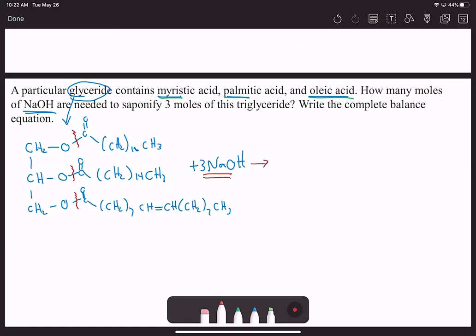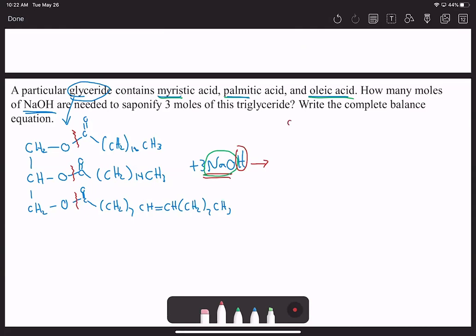So let's see what we're going to get here. We're going to break it off here. So this is how we're going to split it off. We're going to split it off in that OH and this here. So we need alcohol first.